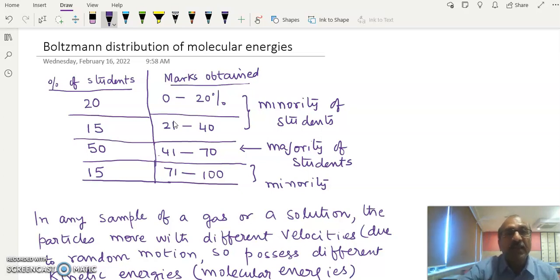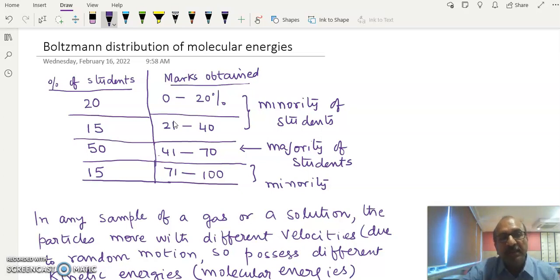So how does it relate to the distribution of the molecular energies in a sample of a gas or a solution? We didn't talk about solids, because in solids the particles are not able to move randomly. They just vibrate about their mean positions.